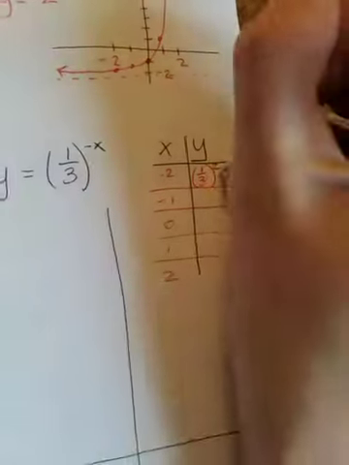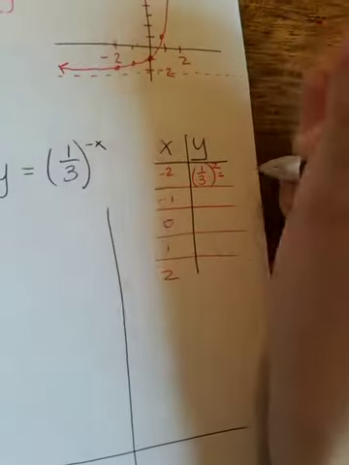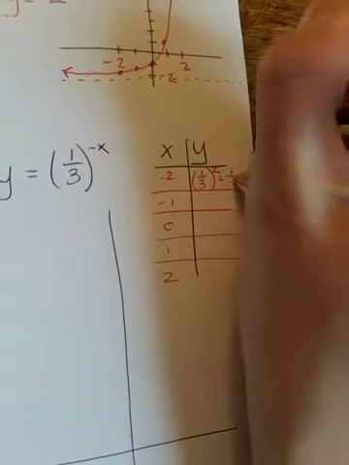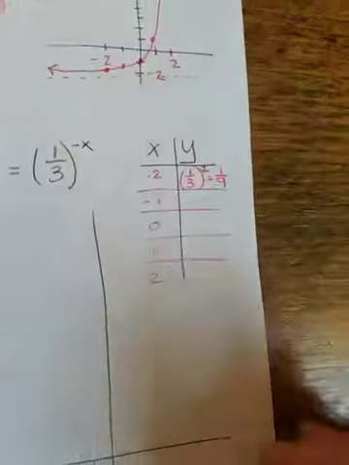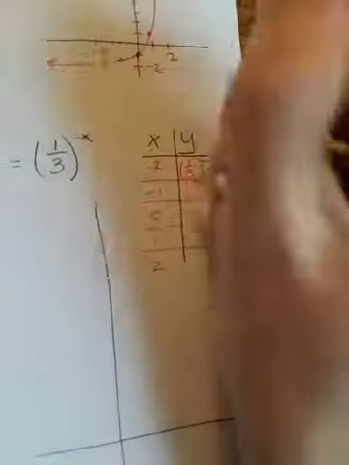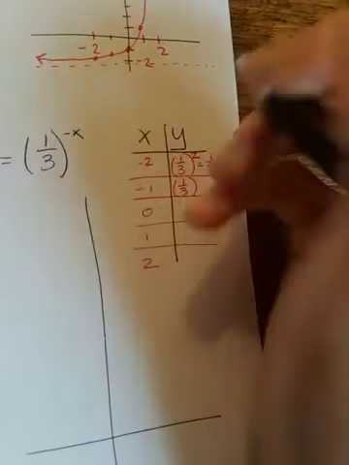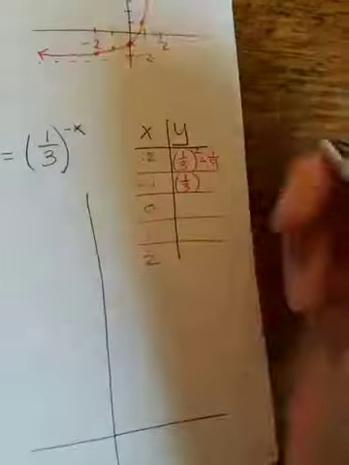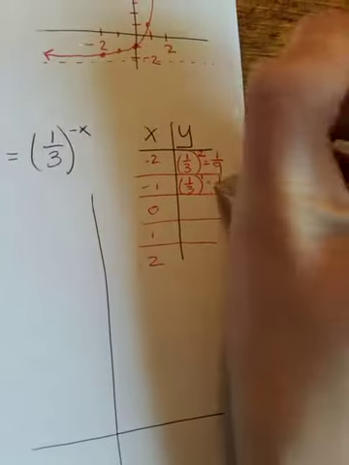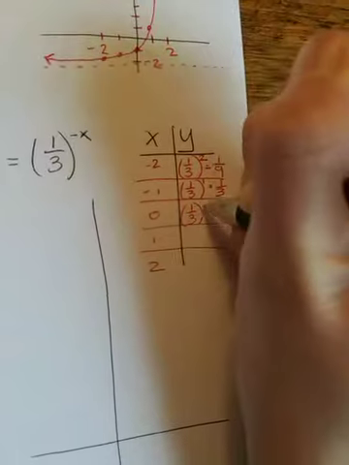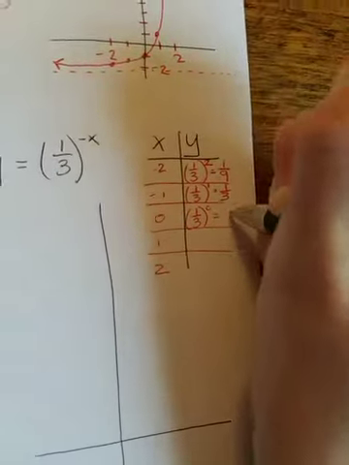How do we square a fraction? Well, what's 1/3 times 1/3? That's 1/9, or 0.1 repeating. -(-1), that's going to be 1/3 to the 1, which is just 1/3. 0 doesn't have a sign, so it's just 1/3 to the 0, which is 1.